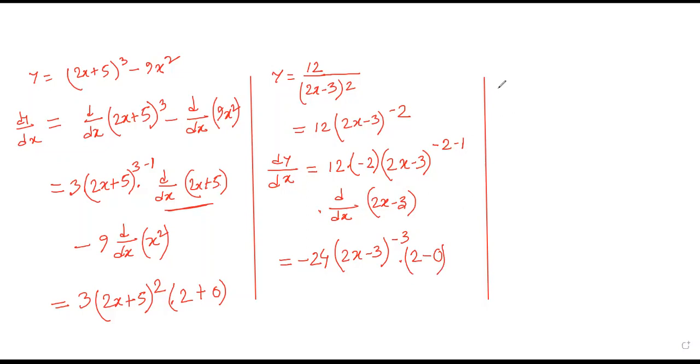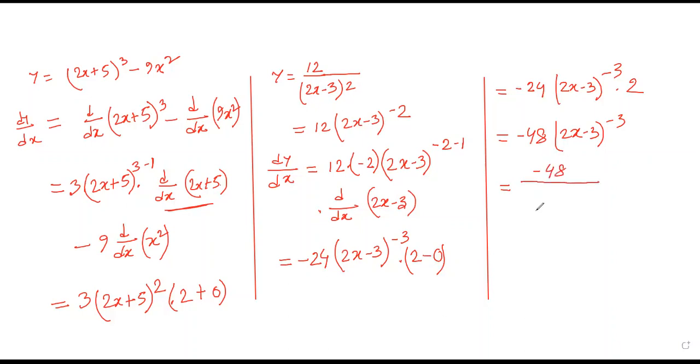Now, minus 24 times (2x minus 3) whole to the power minus 3, into 2. So it will be minus 48 times (2x minus 3) whole to the power minus 3. Now we'll write it in the given form.